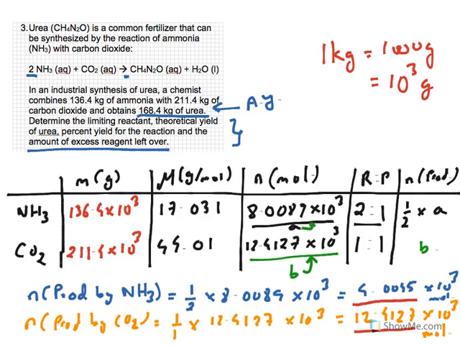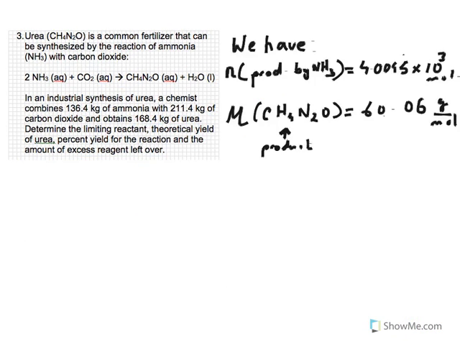And just like before, multiplying the moles of product produced from the limiting reactant ammonia by the product's molar mass will give us the theoretical yield of the product. So far, we have the moles of the product produced by ammonia, which is 4.0045 times 10 to the power 3 moles, and we calculate the molar mass of our product, which is urea, from the periodic table, and we found it to be 60.06 grams per mole.